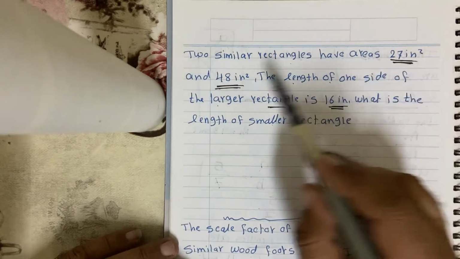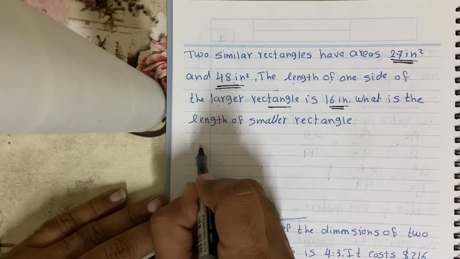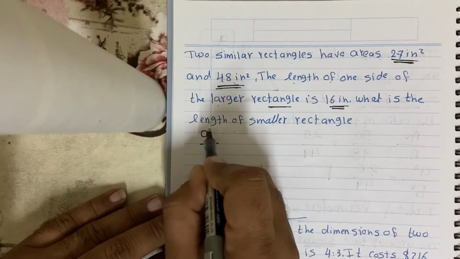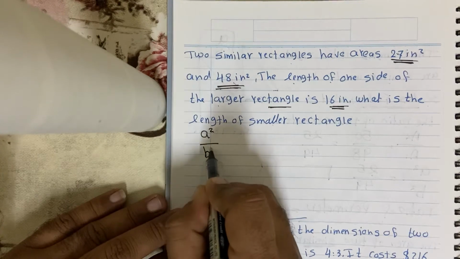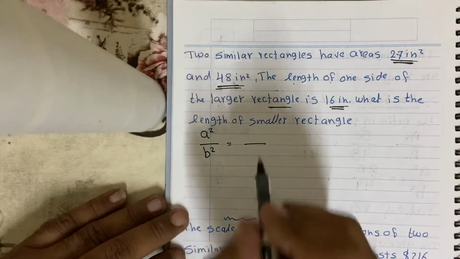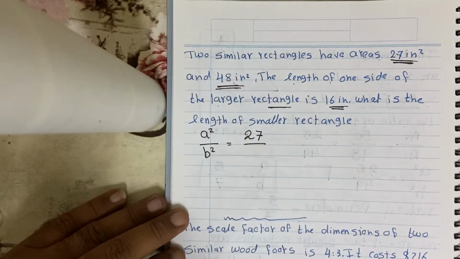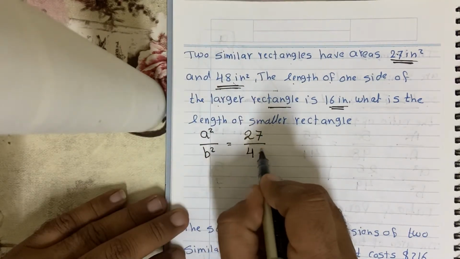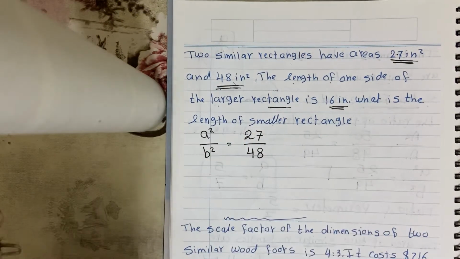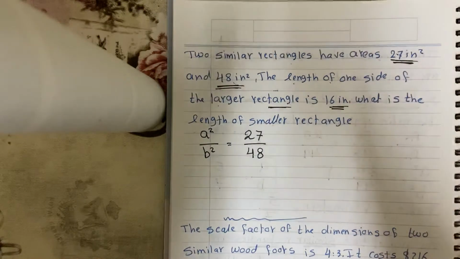Here we have the areas of the two similar rectangles, so we are going to use this rule: A power 2 over B power 2 equals 27 over 48. This is the ratio between the two areas.